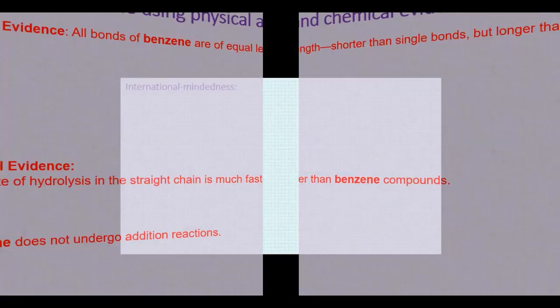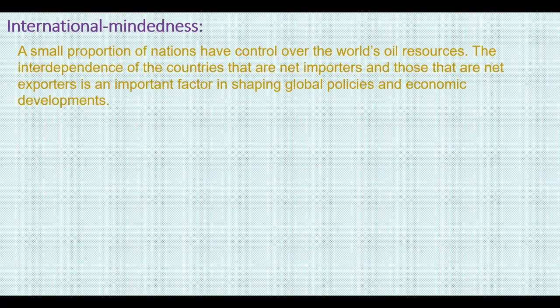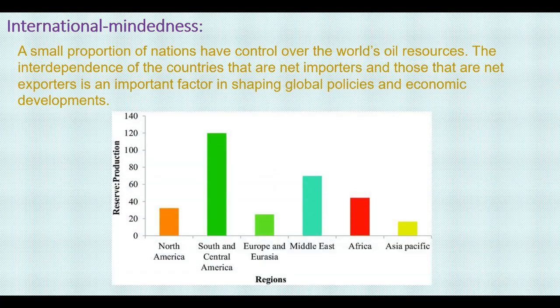Next part of the syllabus is about the international mindedness, which refers to a small proportion of the nations controlling the world oil resources. The oil prices and the ability to extract and refine oil affects the economy of not only the country but all over the world.